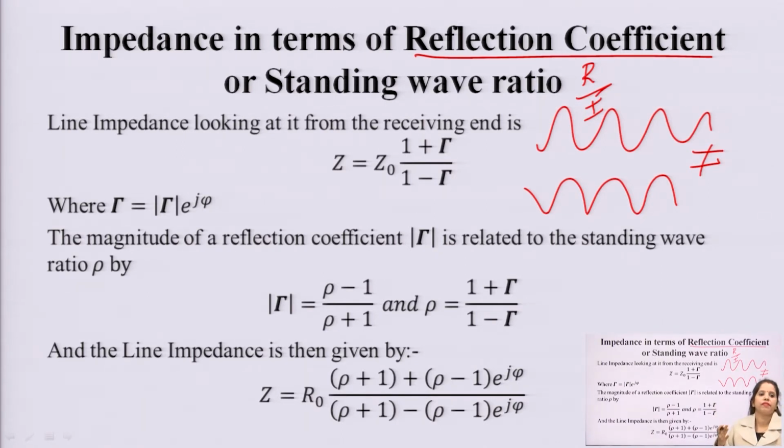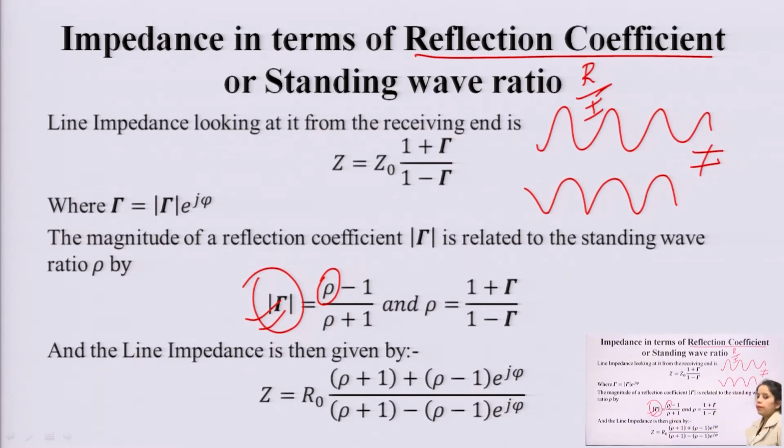For example, in terms of voltage, it will be V max upon V min. Already we know that reflection coefficient and the standing wave ratio are related to each other. This is our standing wave ratio and it is related to the reflection coefficient rho by this expression: the magnitude of the standing wave ratio is equal to rho minus 1 upon rho plus 1.